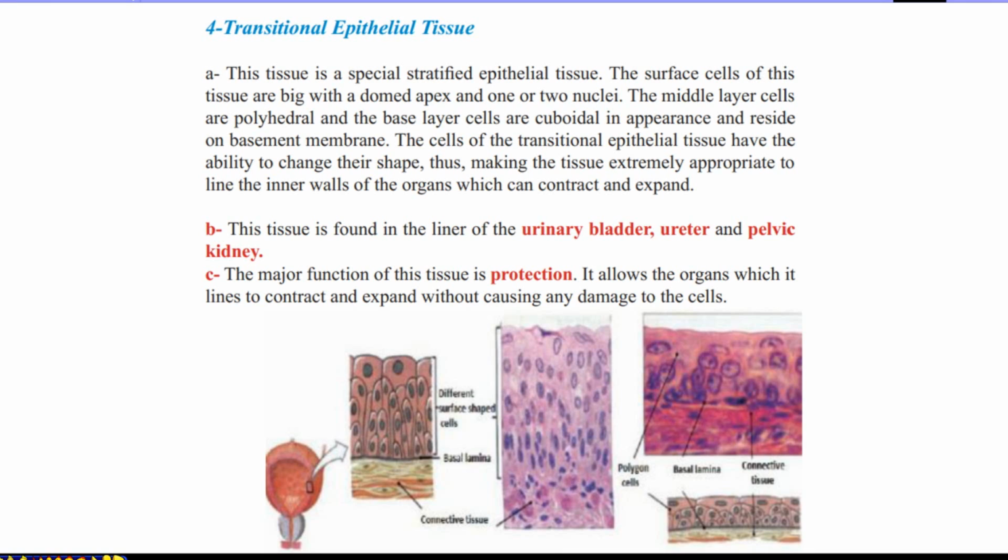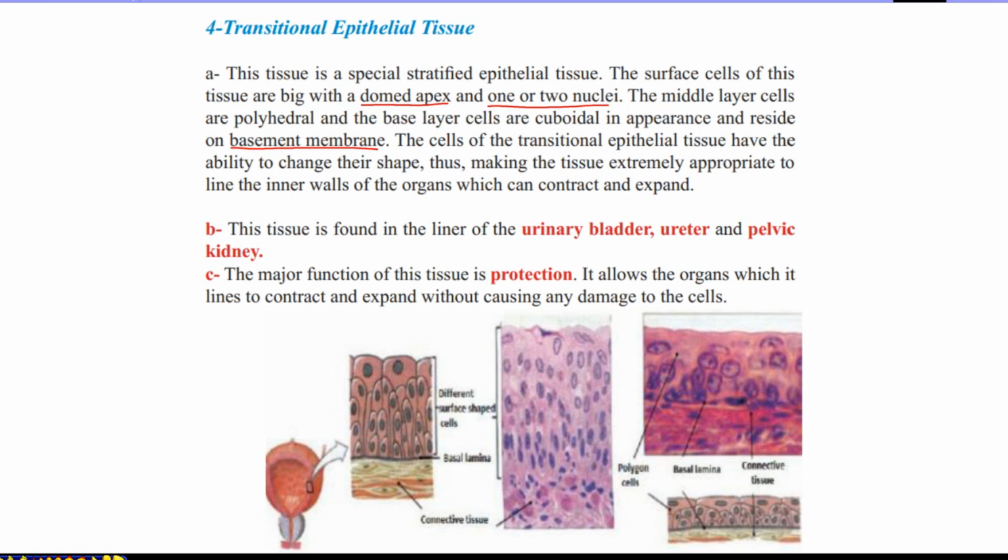Transitional epithelial tissue. This tissue is a special stratified epithelial tissue because the outer layer of cells is domed. The top is domed, not flat. One or two nuclei can be found in one cell. The middle layers are polyhedral, and the base layer can be cuboidal, like in other stratified epithelial tissues, and they rest on a basement membrane like all the others.